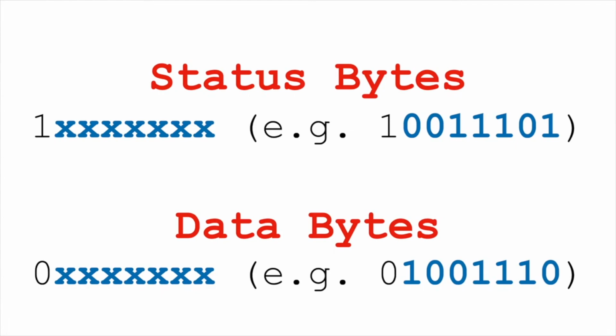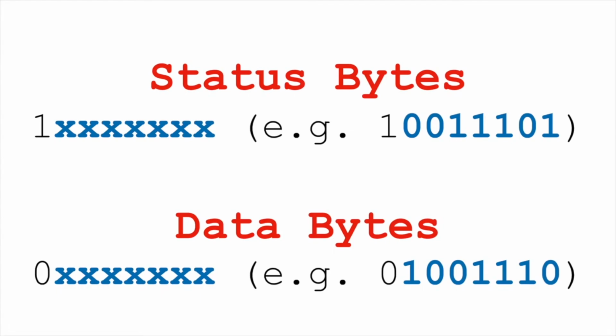And the status byte always starts with a 1, and a data byte always starts with a 0, leaving 7 bits of data left for describing a message. Now, because we're working in binary, those 7 remaining bits can specify a number from 0 to 127.